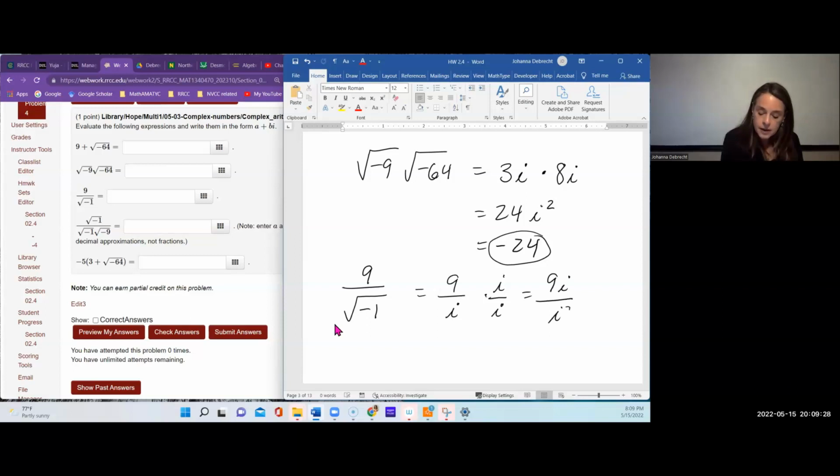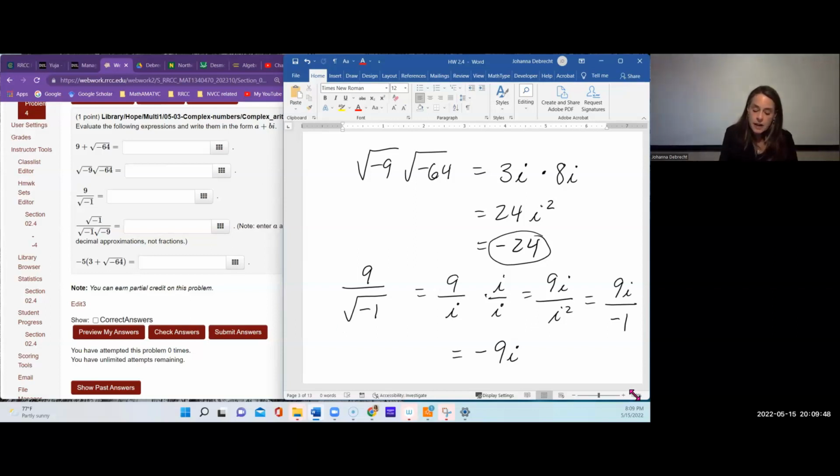And what is I squared? Oh yeah, it's -1. So I have 9I, well, I should wait and do that step next, divided by -1. And then I can float the negative up and it becomes -9I. Right?